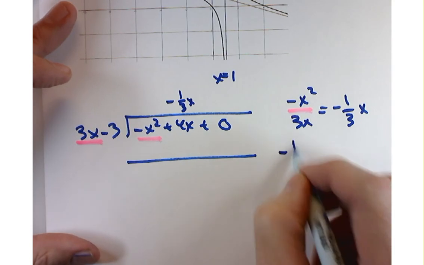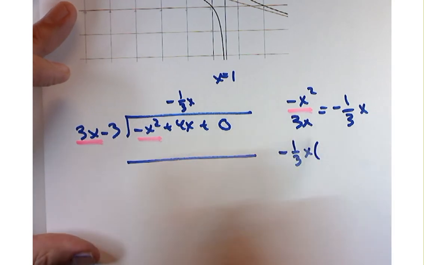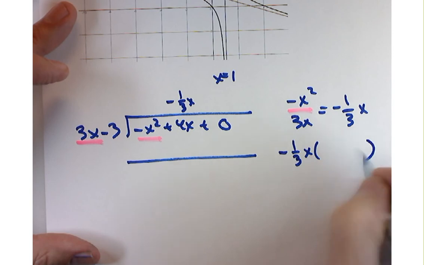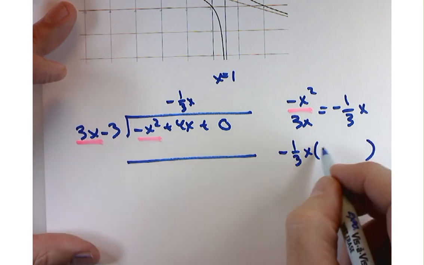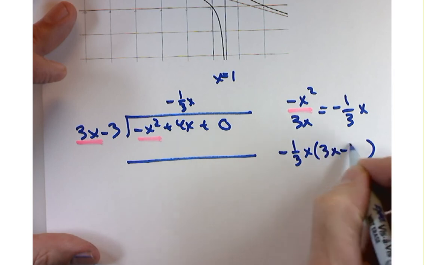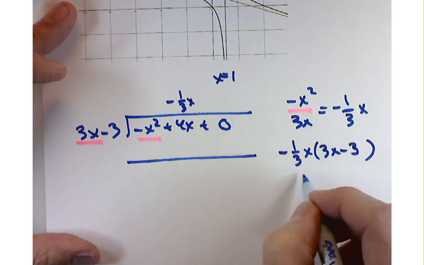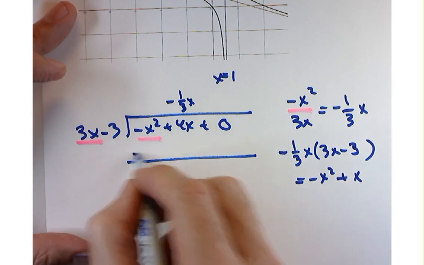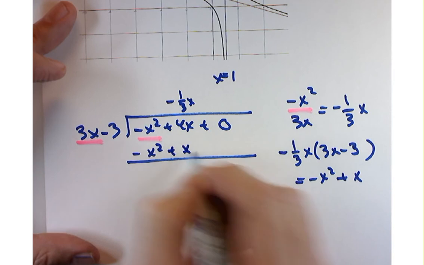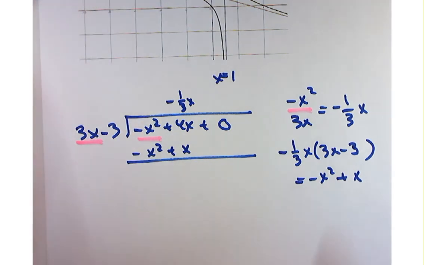It's all right. Fractions are numbers too. Let's multiply 1/3 x times this stuff out in front. Times 3x minus 3. And that gives me negative x squared plus x. So a lot going on there. And I get to subtract this.